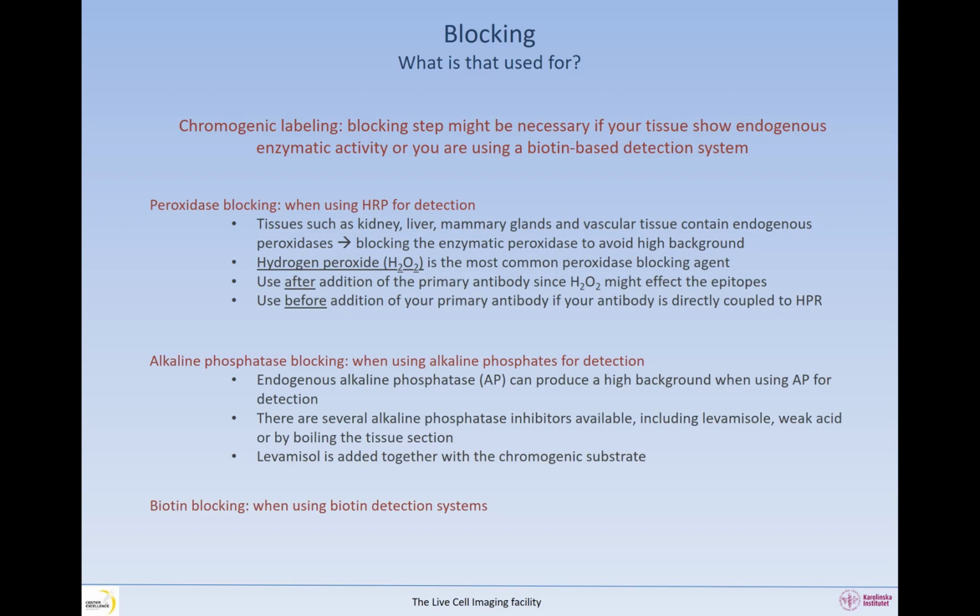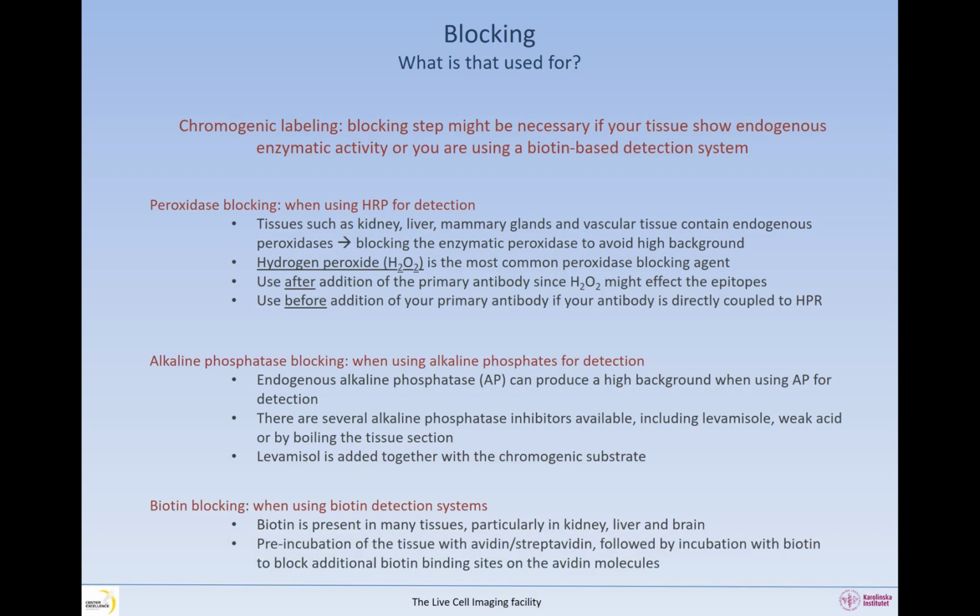If you are using a biotin detection system, biotin also needs to be blocked, because it is especially present in many tissues, especially kidney, liver, and brain. You will need pre-incubation of this tissue with avidin, streptavidin, and again biotin to block all these binding sites.